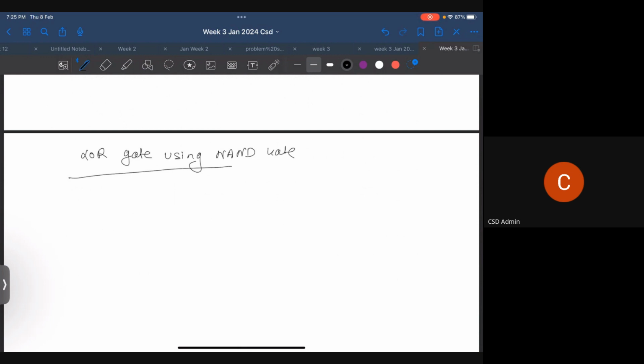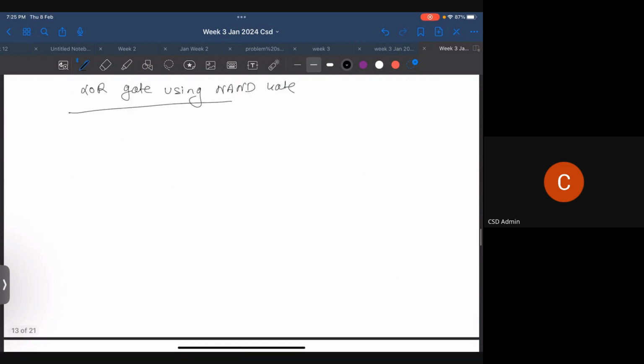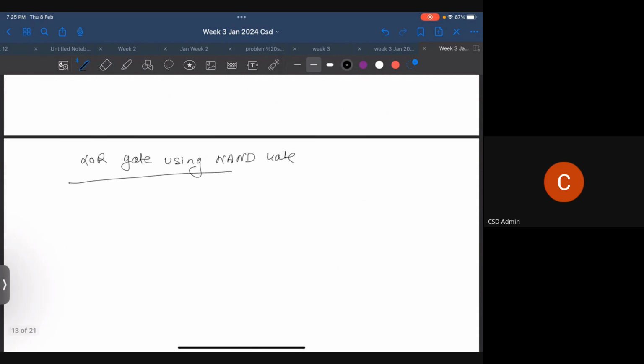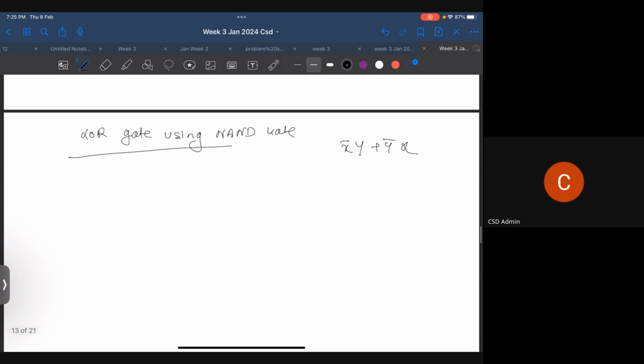What is the expression for the XOR gate? X Y bar plus Y X bar, that is X bar Y plus Y bar X. So let's design it, then we'll simplify one by one. First, make the NOTs.